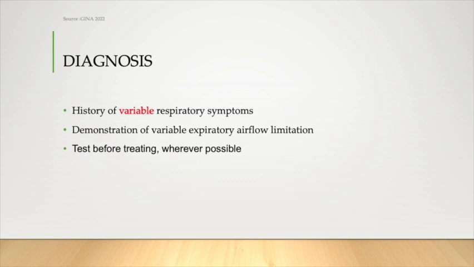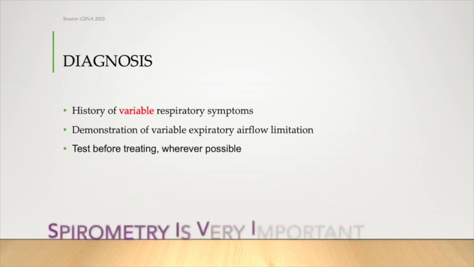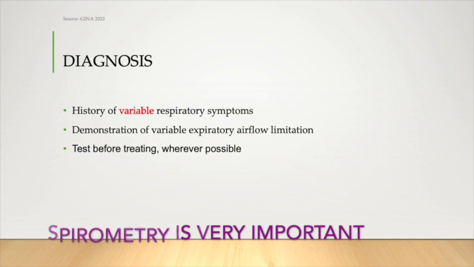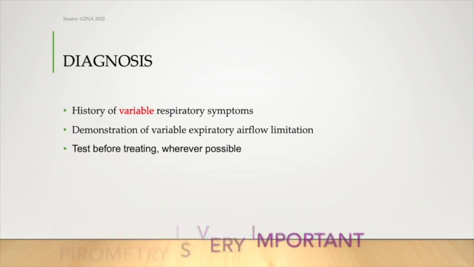It is important to demonstrate this variability in expiratory flow limitation by testing. GINA takes into account that spirometry pre and post bronchodilator is one of the most accessible and useful tests for testing variability in airflow and should be available universally.